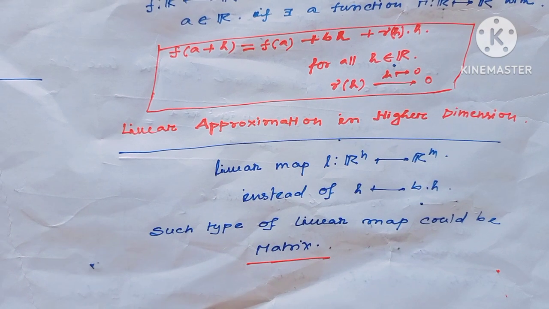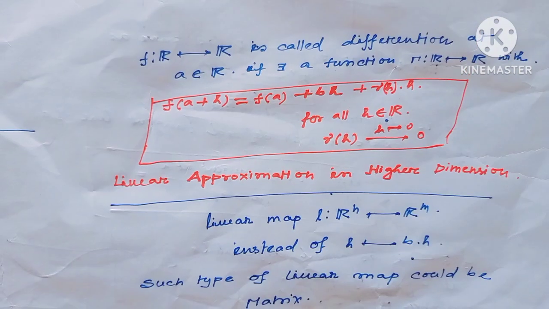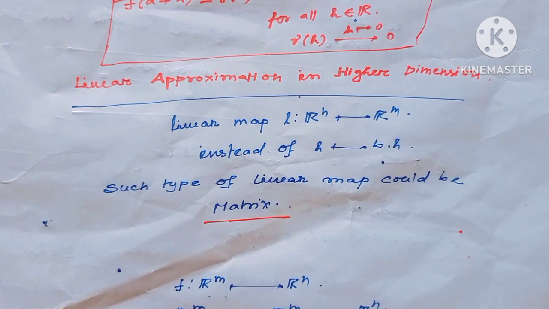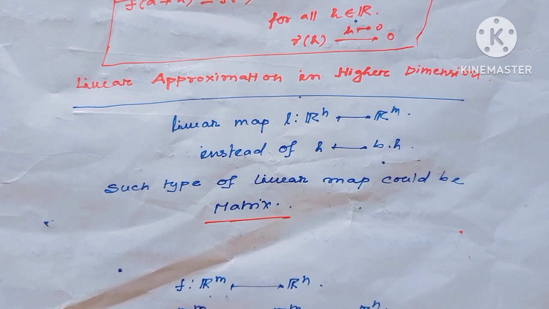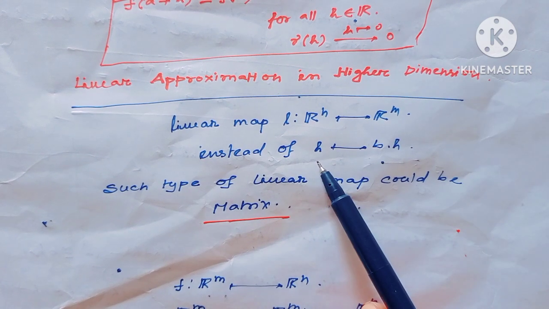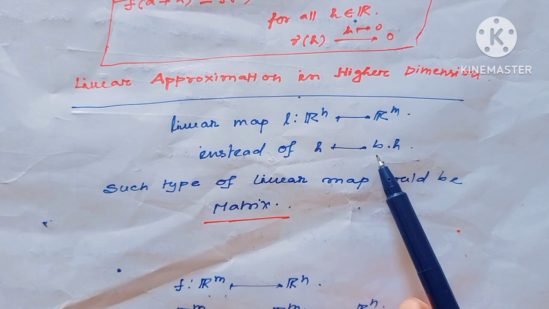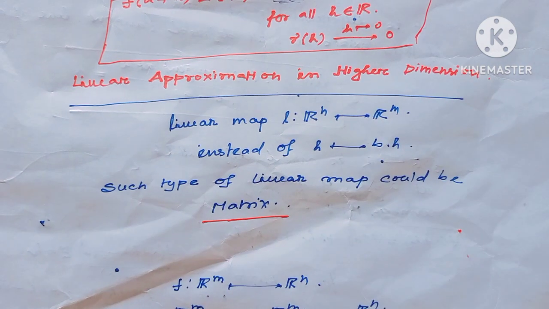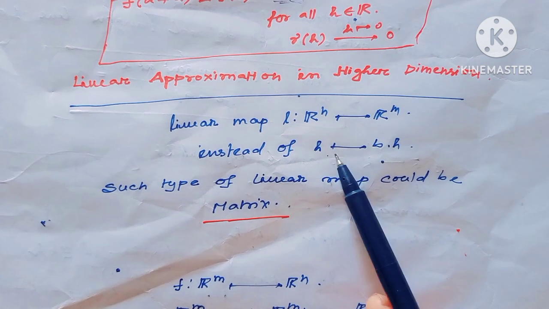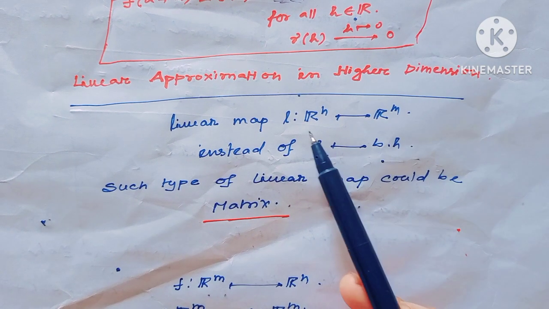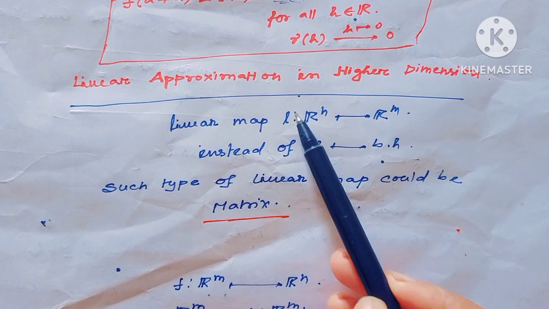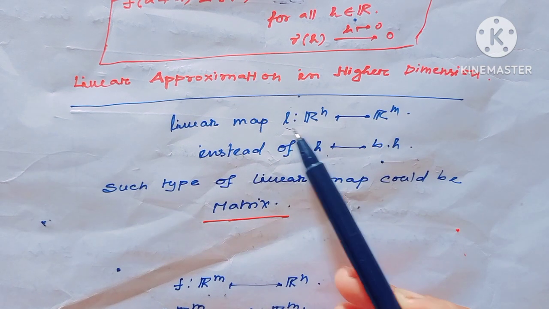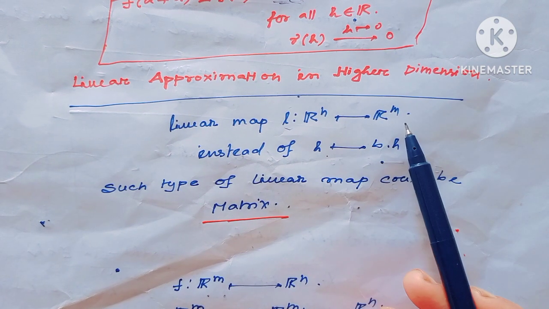Now we will see the linear approximation in higher dimensions. When going from Rn to Rn, in R, h is mapped to bh. This is the linear approximation in R that I have seen. Instead of h mapped to bh, the linear approximation is denoted as L, mapped from Rn to Rn.